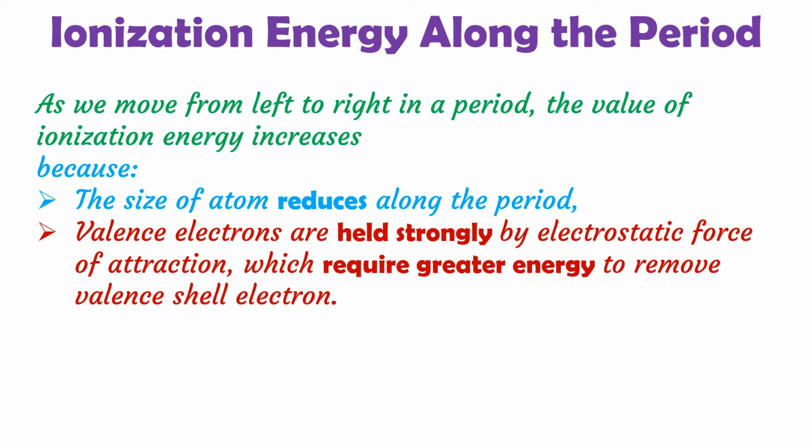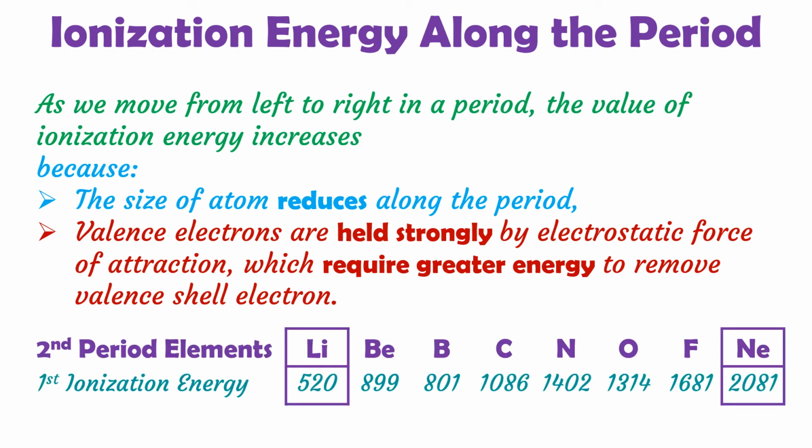So when we look at the ionization energy of second period elements from lithium to neon, lithium requires only 520 kJ per mole for the removal of the first electron, but neon requires 2081 kJ per mole.